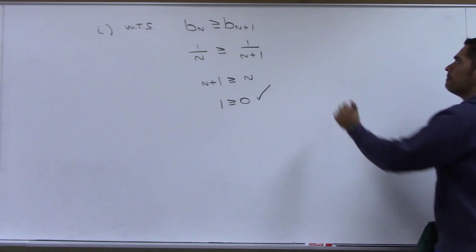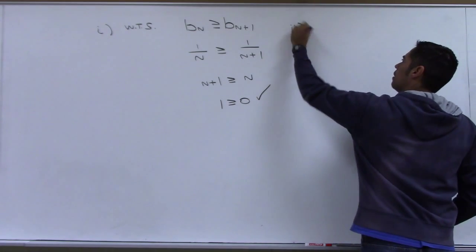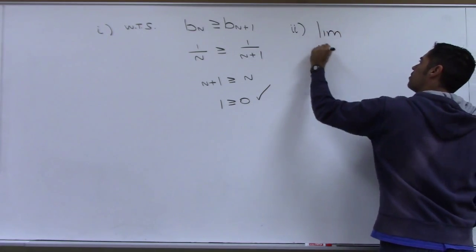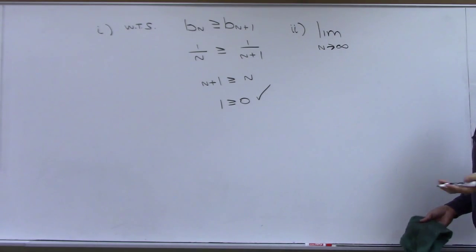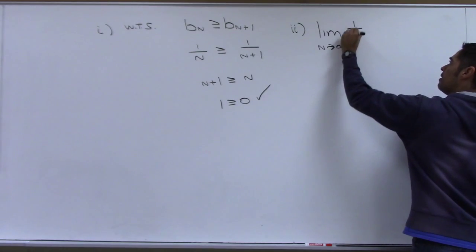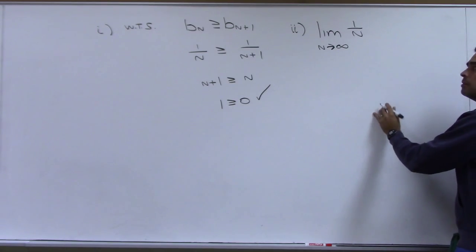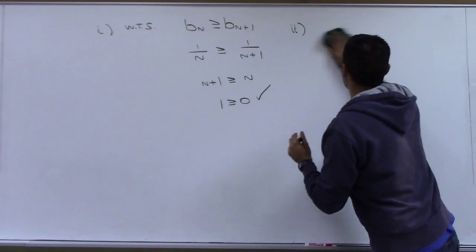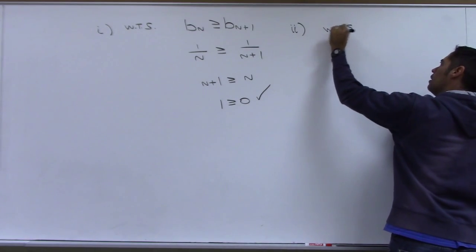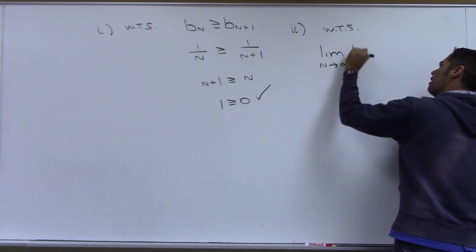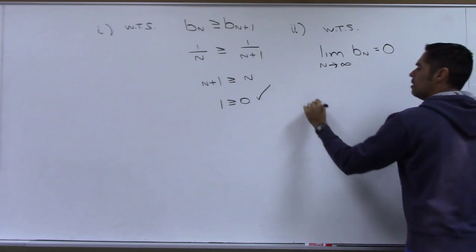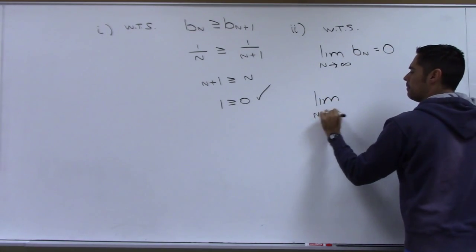What's the second thing? The limit as n goes to infinity of what? B sub n, right? Which for us is 1 over n. That needs to go to 0, right? I want to show the limit as n goes to infinity of b sub n equals 0. So let me check that out.